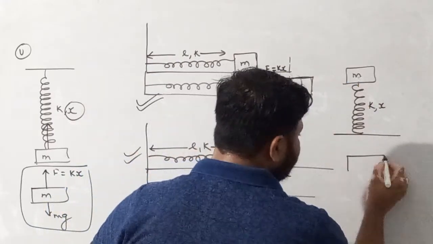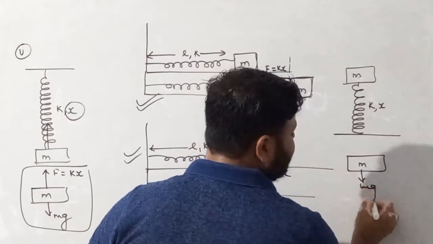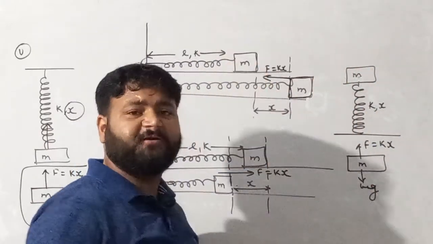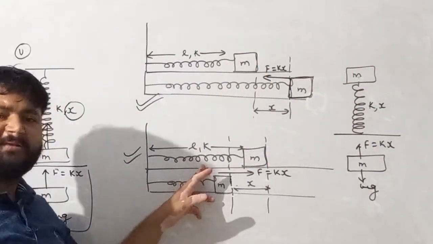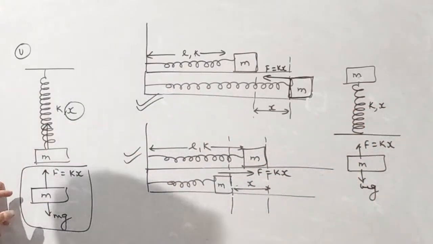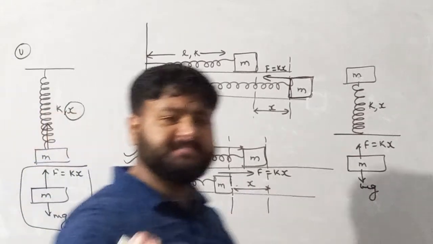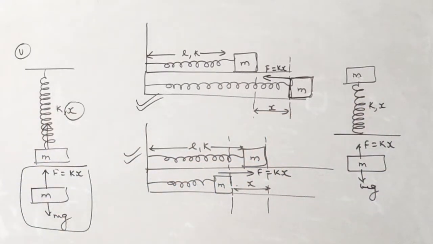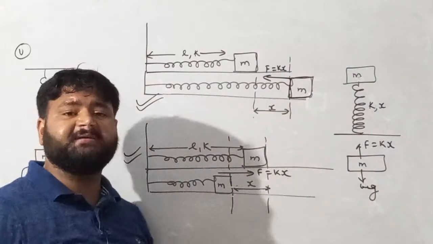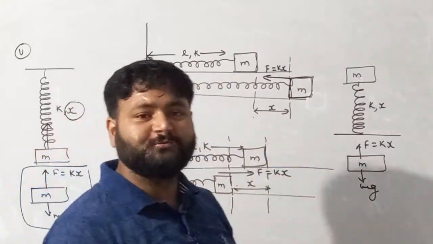If I make the FBD, vertically downward we have mg, and the spring force must be away from the body, because if compression takes place, the spring force is away, and if elongation takes place, the spring force is inward. So remember, spring force is F equals Kx; if the spring is compressed, the direction of spring force is away, and if the spring is elongated, the direction is towards.